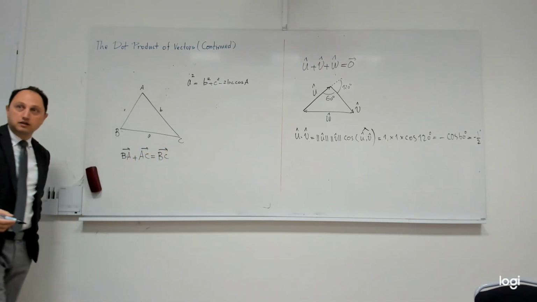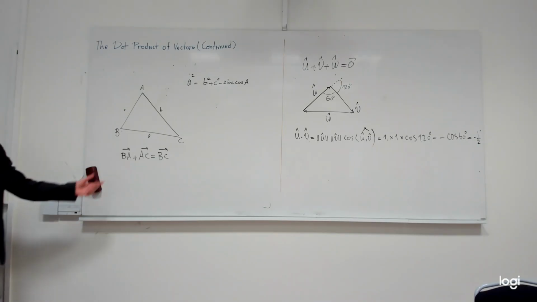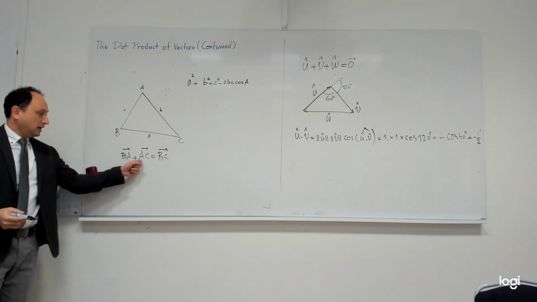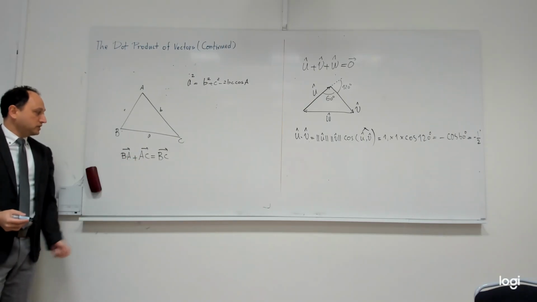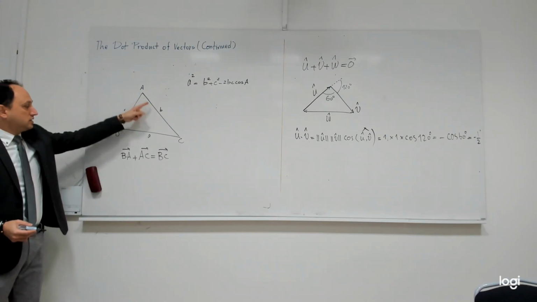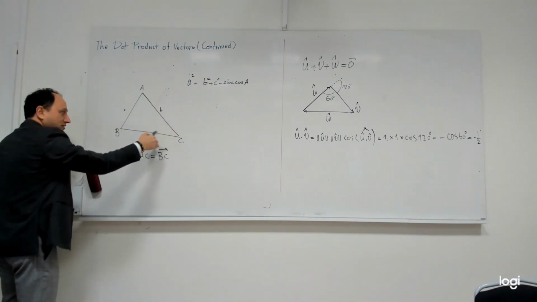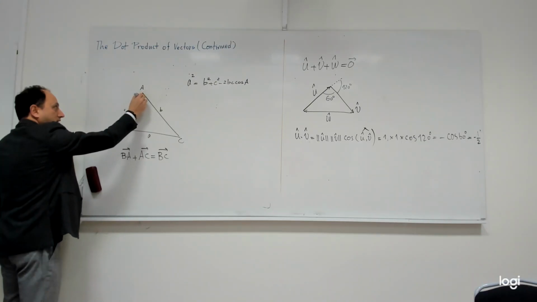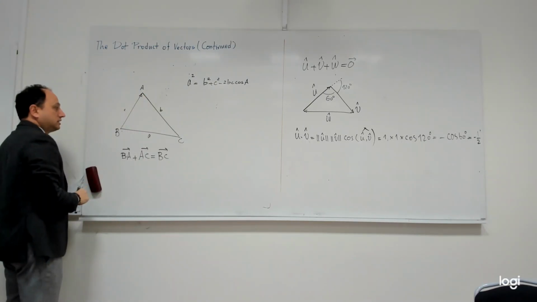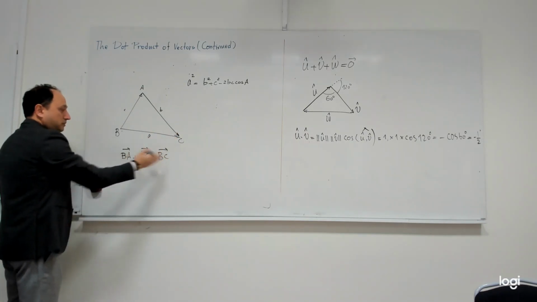Do you agree? You don't even need to look at the picture, because this is the Chasles rule, yes? This A and this A are cancelled, so it becomes BC. But if you want to see it in the picture, BA is this vector, AC is that vector, and then the sum becomes BC, yes?